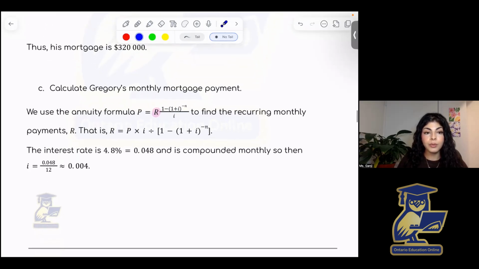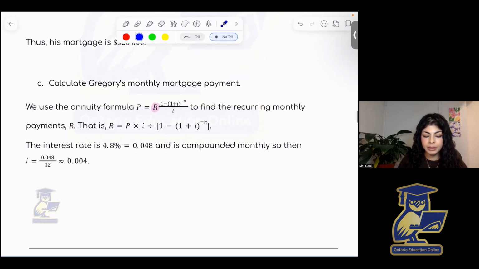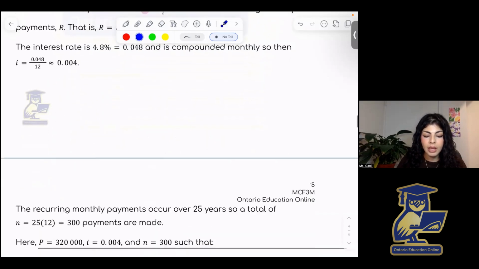Now analyzing all my different variables, the interest rate was 4.8% per annum. Compounded monthly, we have to divide by 12, and this is approximately 0.004. But when you're using a calculator, just use this fraction to keep an exact value.